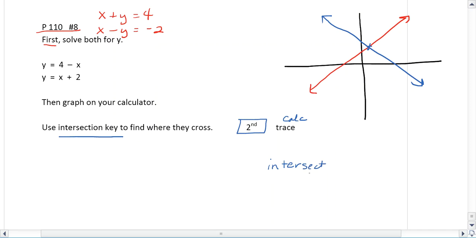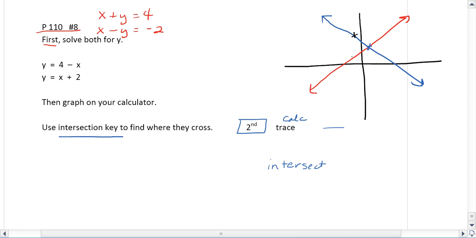When you select that, now we need to answer some questions for the calculator. At the bottom of our screen, some questions appear. It'll say first curve, and my cursor is blinking on this blue line right here. So I'm going to hit enter to say yes, that's the first line I'm interested in.